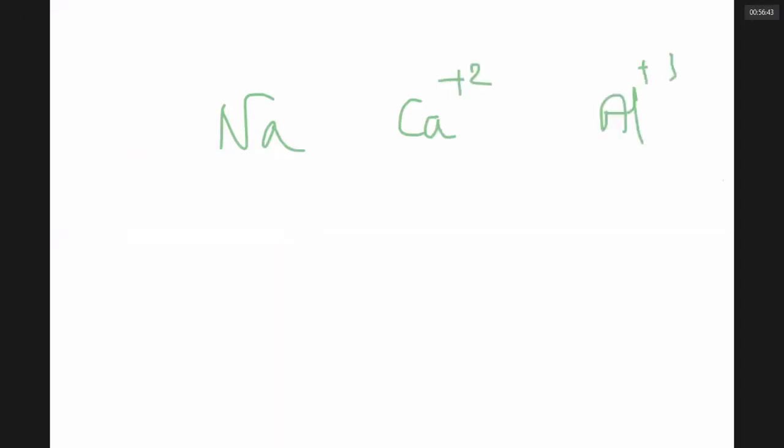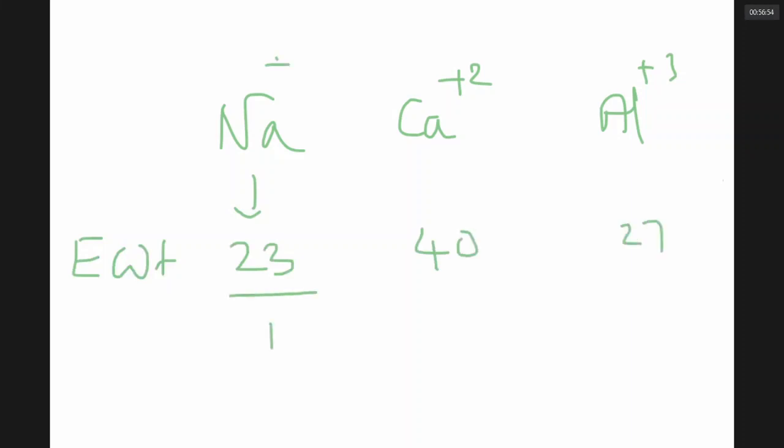You know, equivalent weight is equal to atomic weight of that element divided by charge carried by its ions. So equivalent weight of sodium is the same as the atomic weight because it carries unit positive charge, whereas for calcium it is half of that, for aluminum it is 1/3 of it.